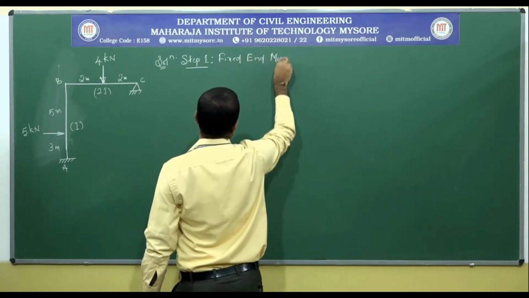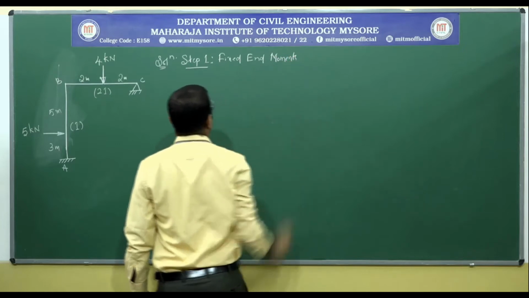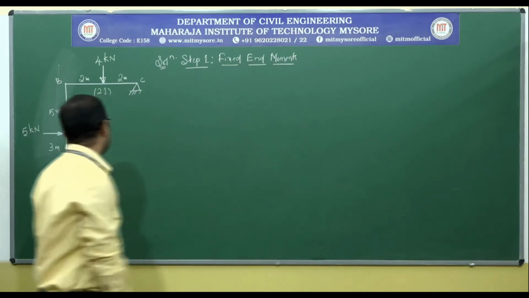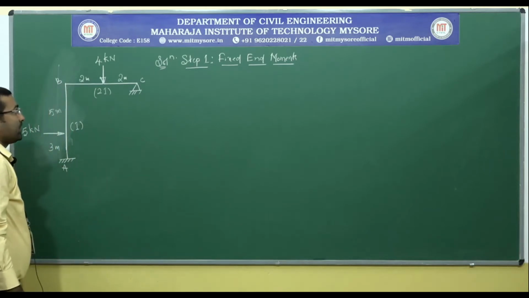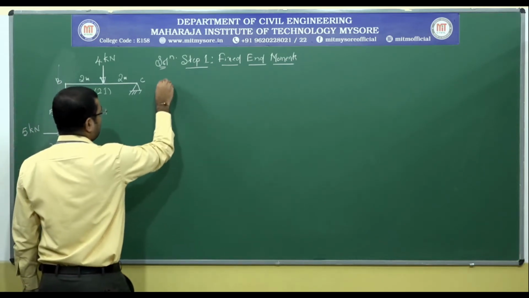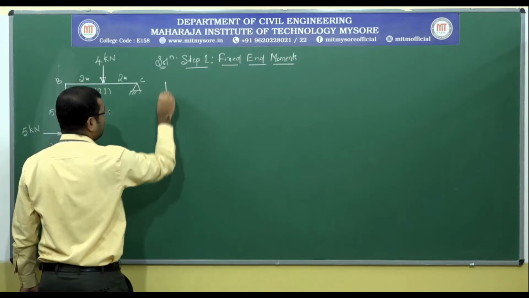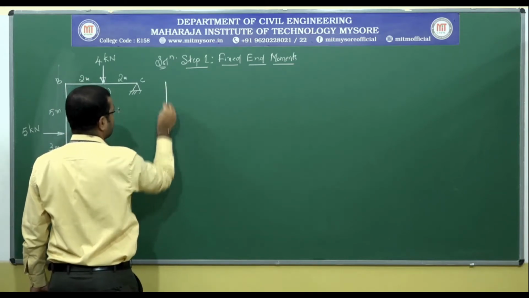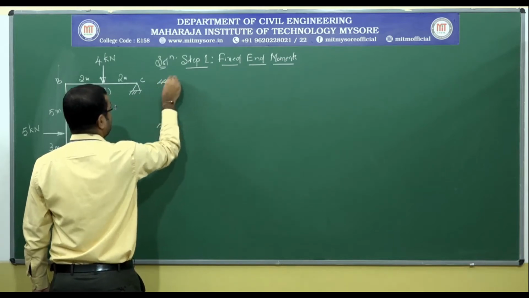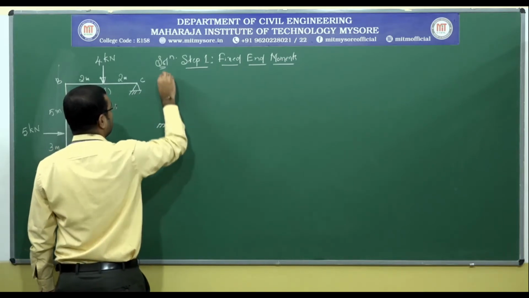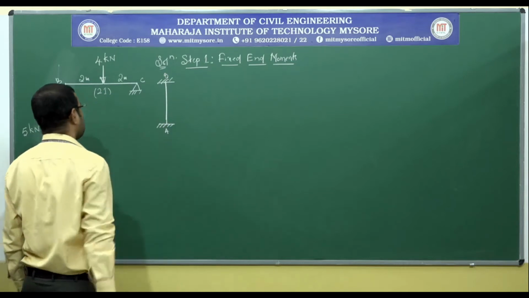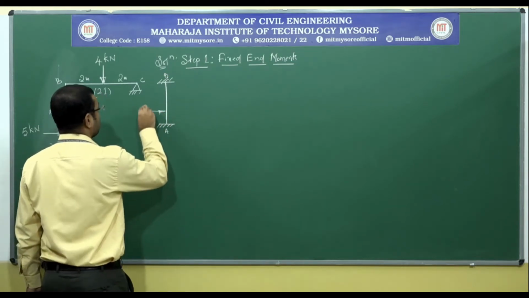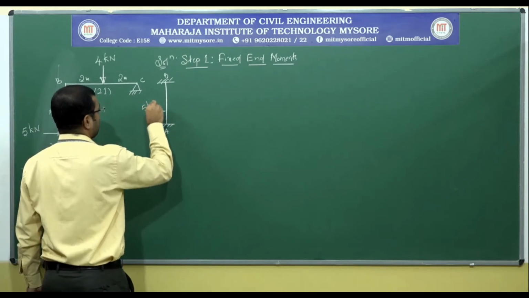So we have to work out the fixed end moments for both the members AB and BC. For calculating fixed end moments, we need to assume both ends of the members as fixed. So let us say this is member AB, where I have assumed both ends are fixed, on which we have a concentrated load 5 kilonewton.